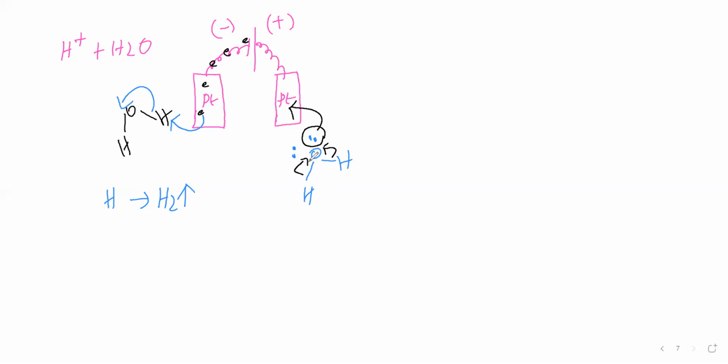These electrons go to the platinum electrode, travel through the wire and reach the positive plate. Then what remains is oxygen, hydrogen, hydrogen. This hydrogen loses the bond, therefore it gets a positive charge and is separated as H plus.